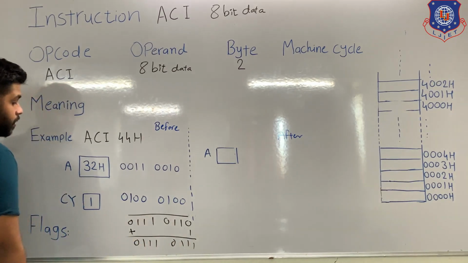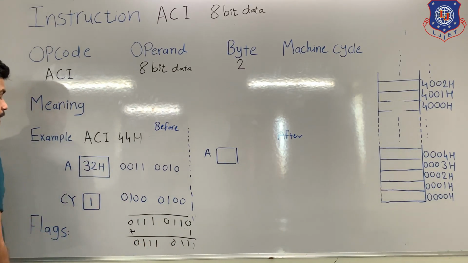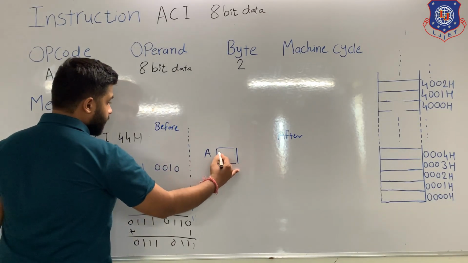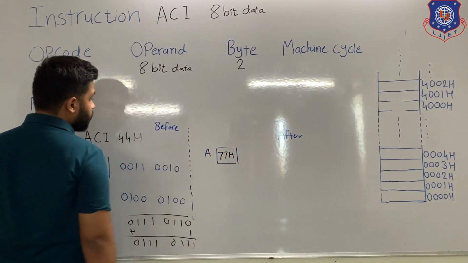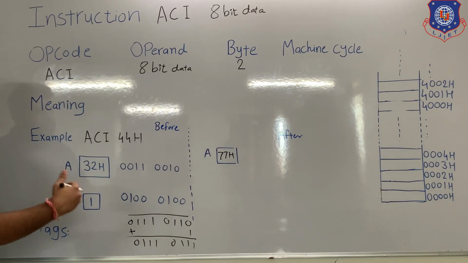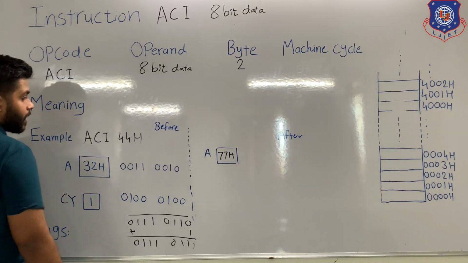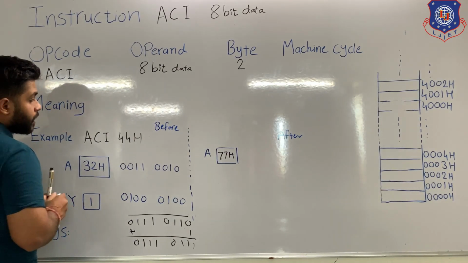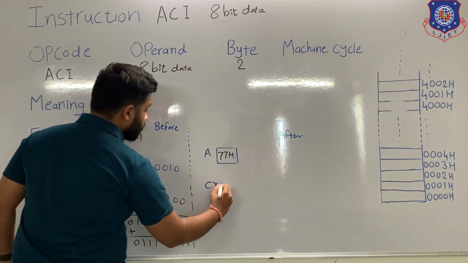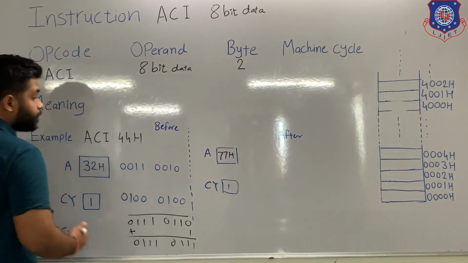If you convert this number into hexadecimal, you will get 77H, and the answer will be stored in the accumulator. So in the accumulator, 77H will be present. After the execution, the content of carry flag will not change. The value in the carry flag will remain unchanged.